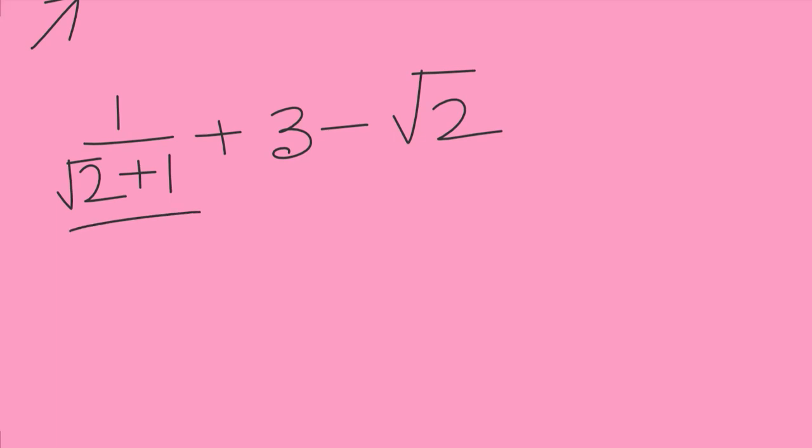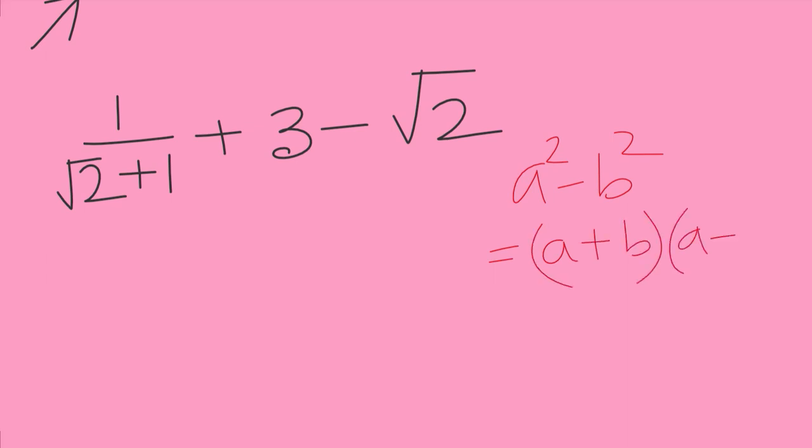If you take the LCM and then multiply with 3 and with root 2, that will become a lengthy process. So there are other techniques we are going to follow. For that you need to know an algebraic expression: a square minus b square equals a plus b into a minus b.